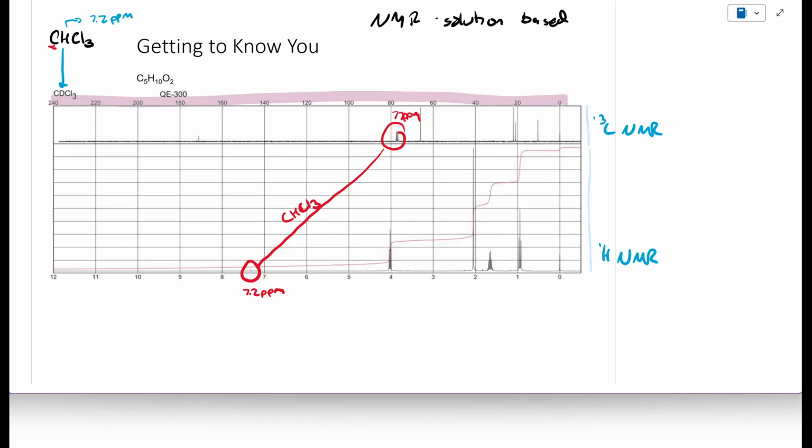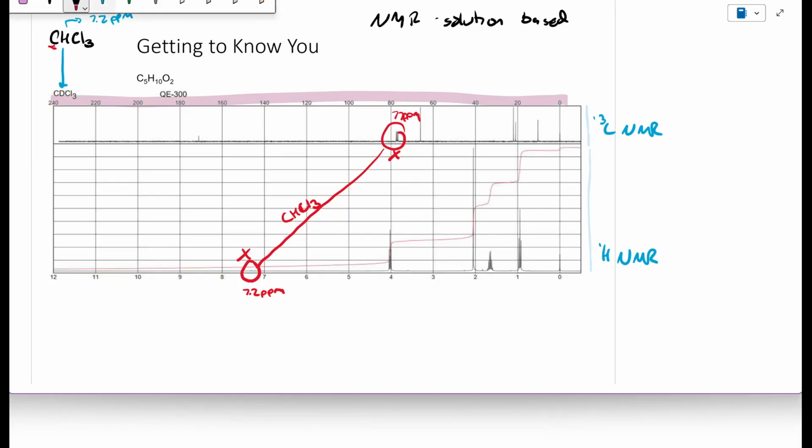And what that means is this is just the solvent that we dissolved the sample in, and so we can safely ignore the signals from the solvent anytime we see them in our NMR. This will really only be more of a concern in lab. In lecture, we'll mostly get spectra that don't have these, just because it complicates things. But you should be aware that that's what those peaks are. 7.2 is residual chloroform in the proton NMR, and 77 in the carbon NMR.